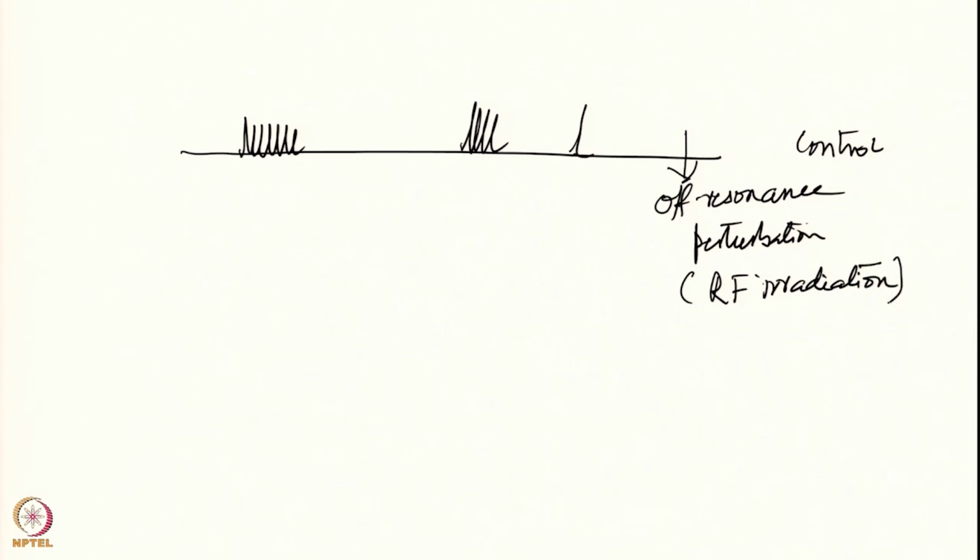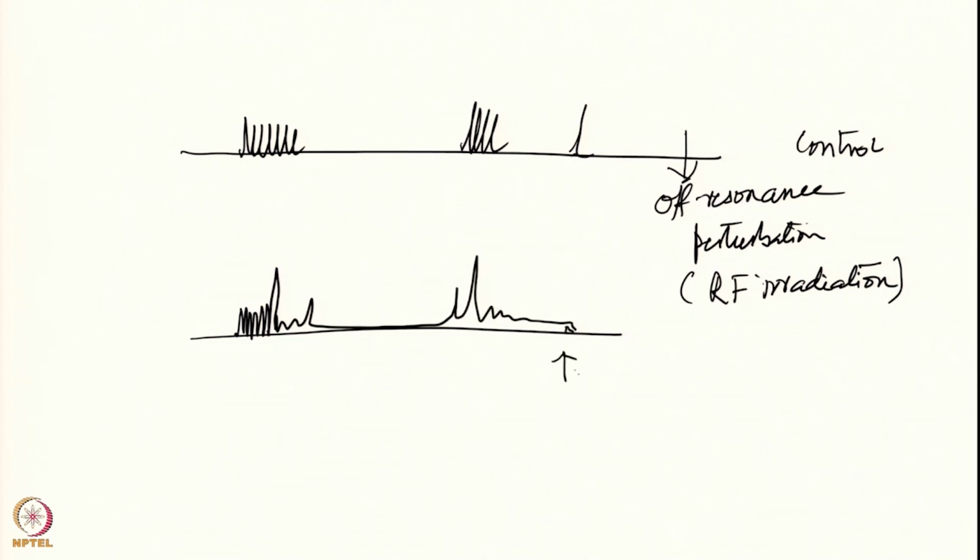Just to see the effect of the RF irradiation which I am doing. Okay. And then I do another spectrum where I do the same thing, and I have perturbed this line, this is perturbed. Okay.